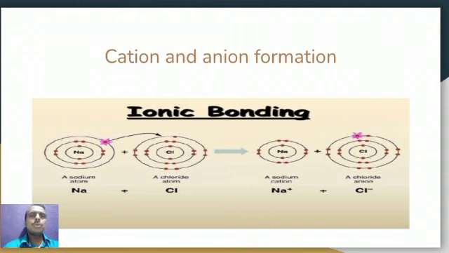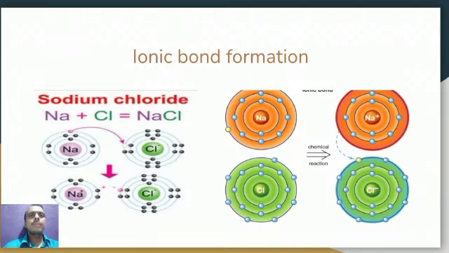Whenever sodium loses the electron, it forms a positively charged cation called the sodium cation, and whenever chlorine accepts the electron, it forms a negatively charged anion called the chloride anion. After formation of the two oppositely charged sodium cation and chloride anion, a strong electrostatic force of attraction occurs.